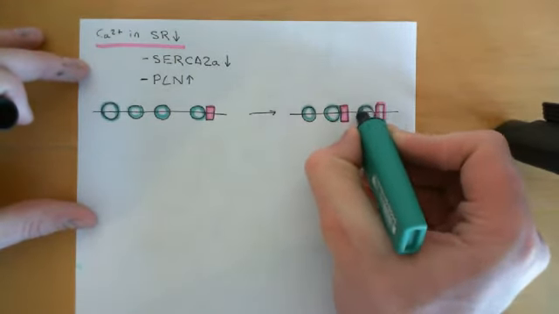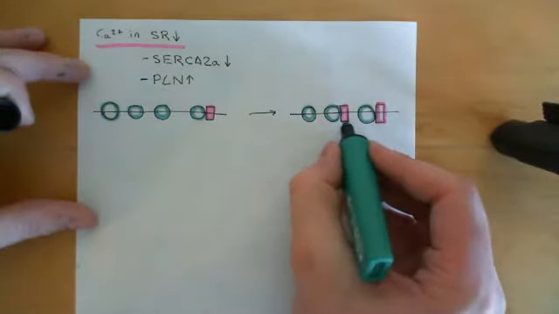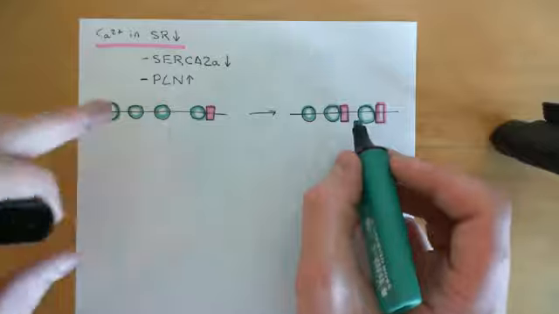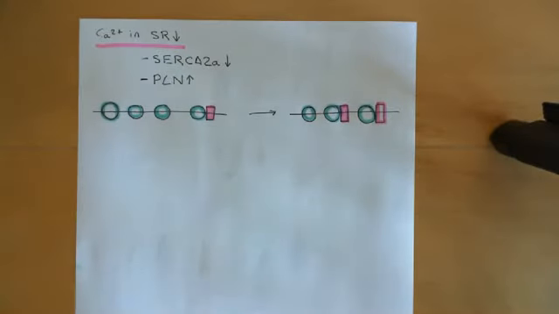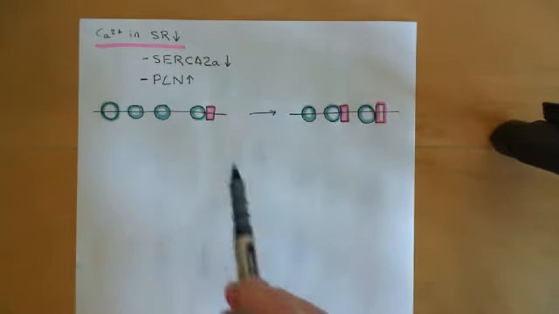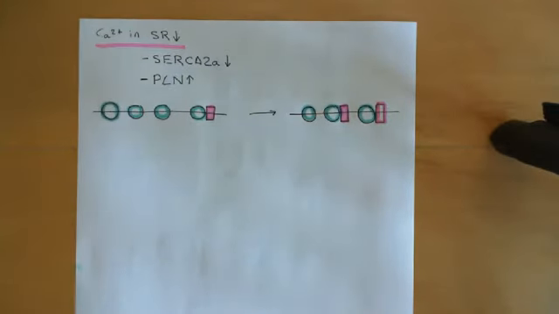So we can see that the 2 changes are that the absolute number of SERCA2As has gone down from 4 to 3. Again, that's a made up number just to get the point across. And because the number of phospholambans has gone up, the fraction of SERCA2As that have phospholamban bound to them has also gone up.